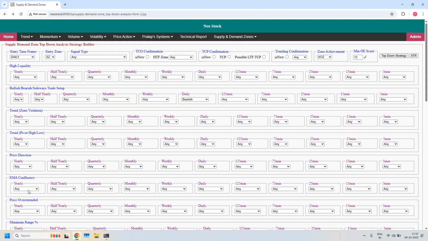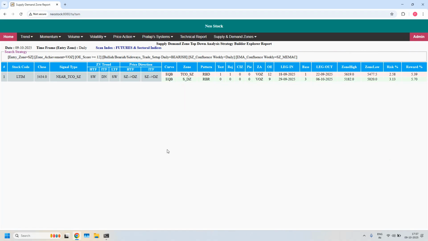Let's further filter with EMA confluence and weekly demand zone. Because this is a bearish trade setup, the trade should be on the supply zone. So, weekly supply zone with weekly EMA. So it is filtered.